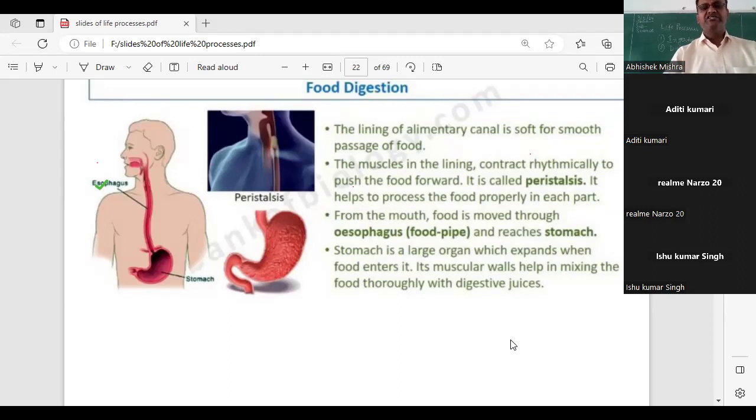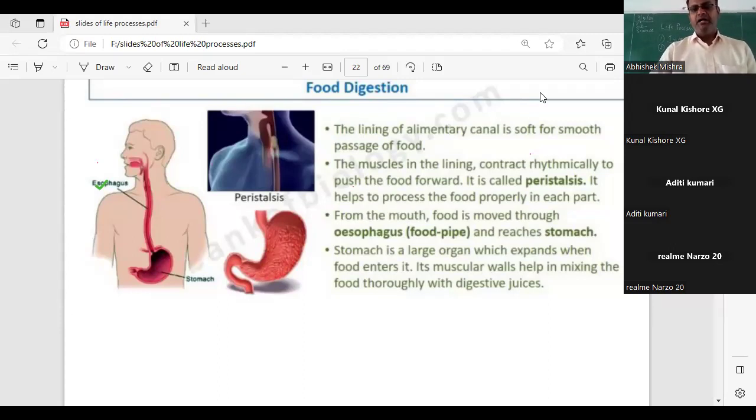Very good. Very well explained, Aditi. Thank you, sir. Good, you can mute yourself. Now, Kunal, unmute yourself. Kunal, you tell me, the small intestine receives secretions from two important glands of the body: one is the liver, another is the pancreas.